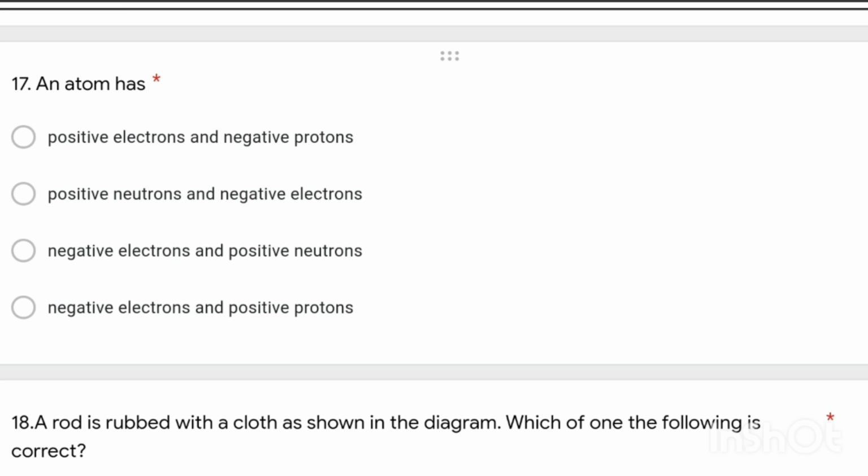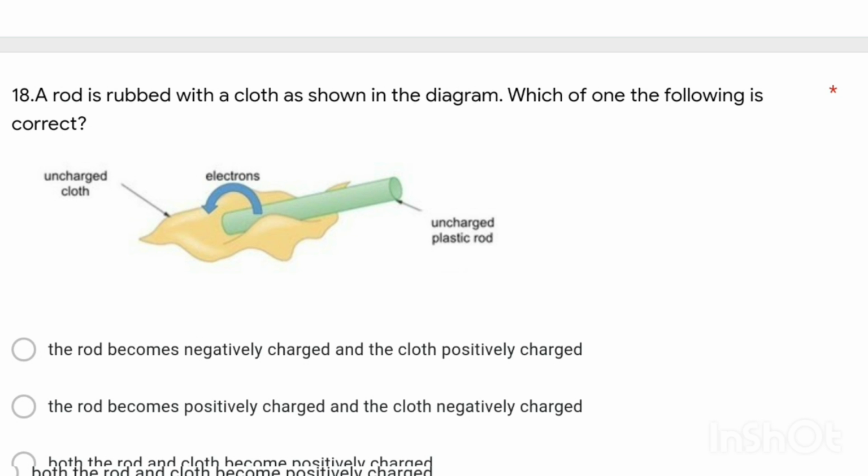whereas neutrons are neutral. This question is based on electrostatics, and the question says a rod is rubbed with a cloth as shown in the diagram. Which of the following is correct? If you look at the picture given in the question, there is a cloth and there is a rod, and an electron is jumping from the rod to the cloth.